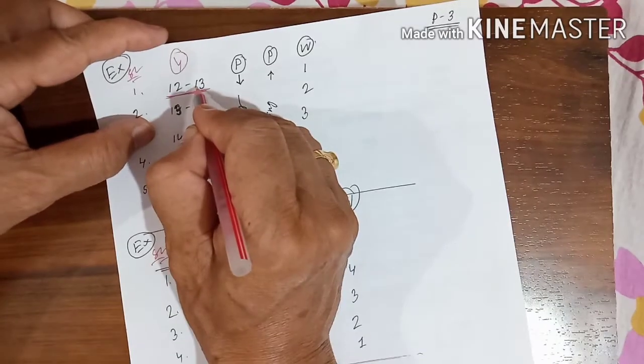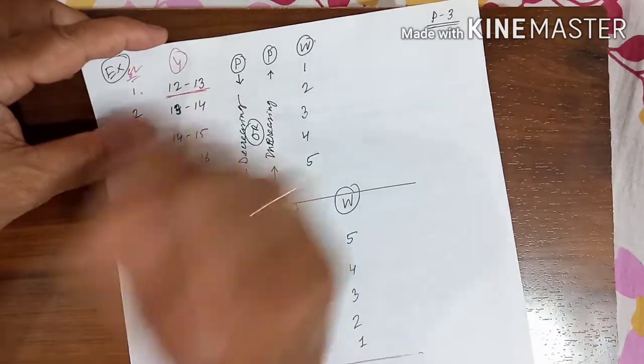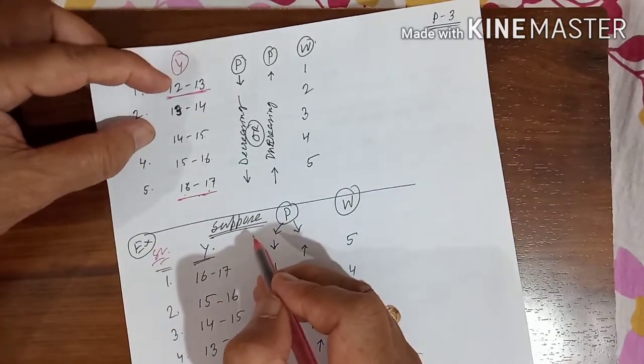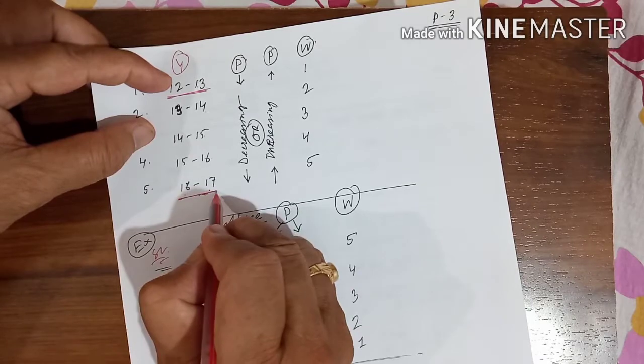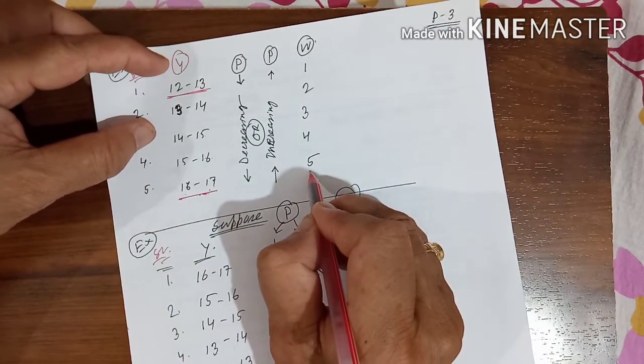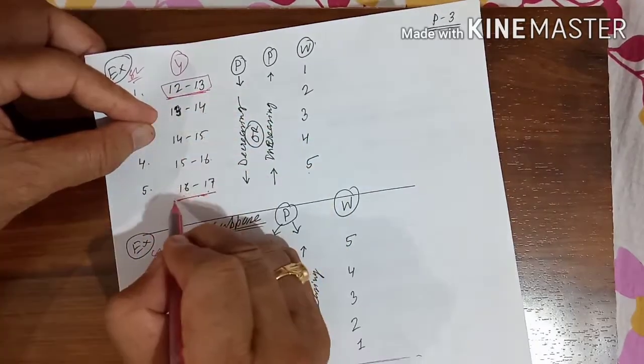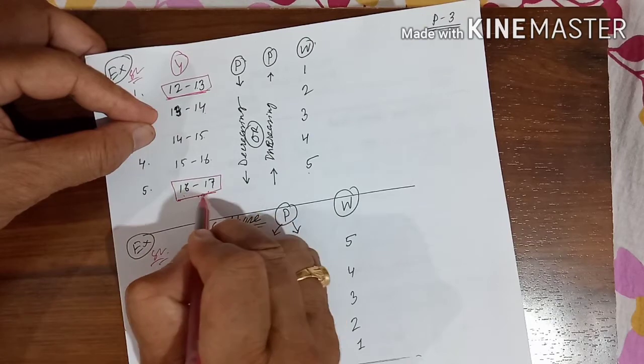This is 5 years before. This is 1 year before. This is 2 years, 3 years, 4 years, this is 5 years before. So whichever is the nearest to the current year, that weight will always be more. Keep in mind, it started at 12-13 and ended at 16-17.